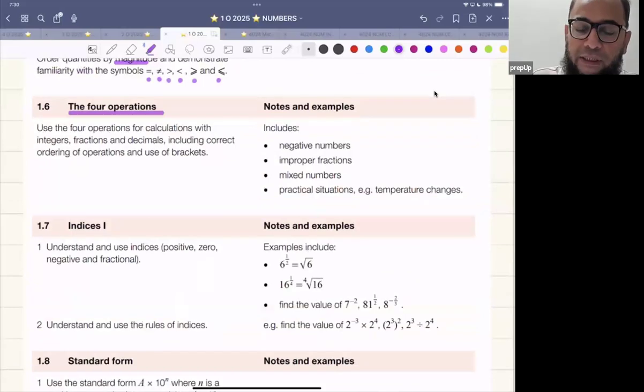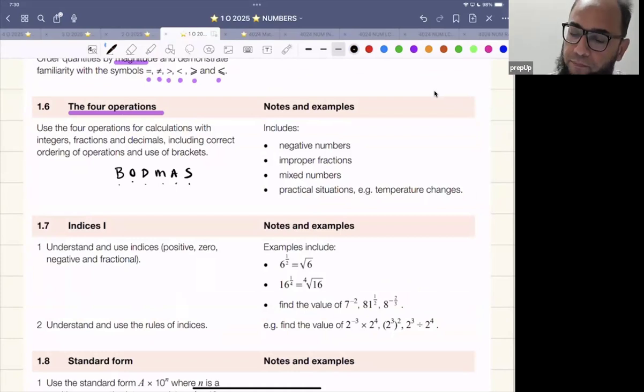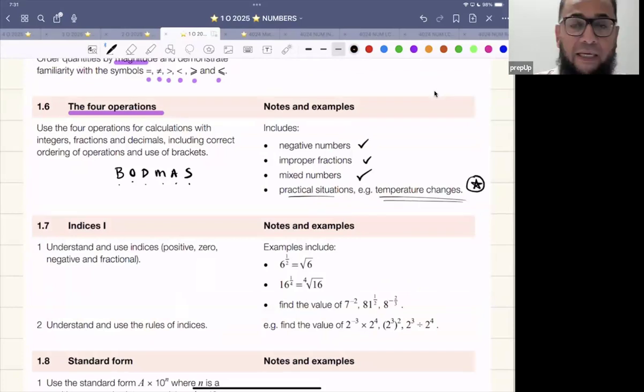The 4 operations, BODMAS: brackets, of, division, multiplication, addition, subtraction. This includes negative numbers, improper fractions, mixed numbers, and practical situations like temperature changes. One of the students' favorite topics, and people make a lot of mistakes in this.